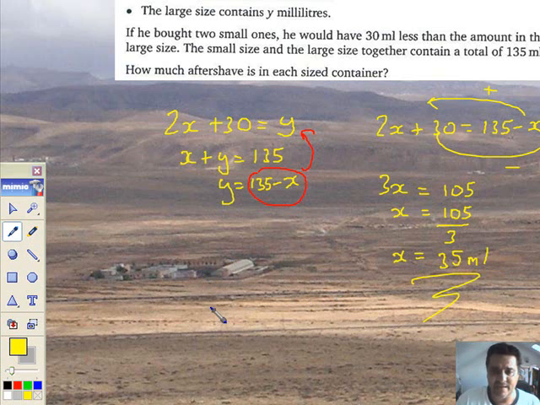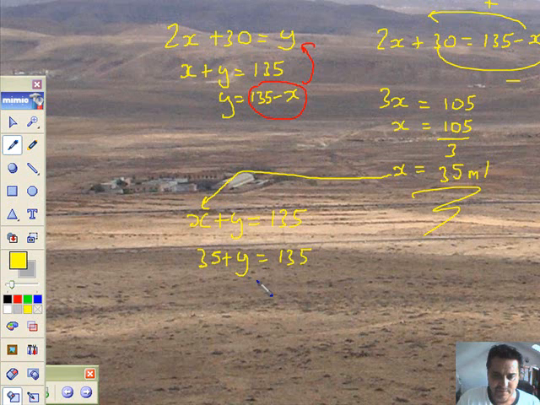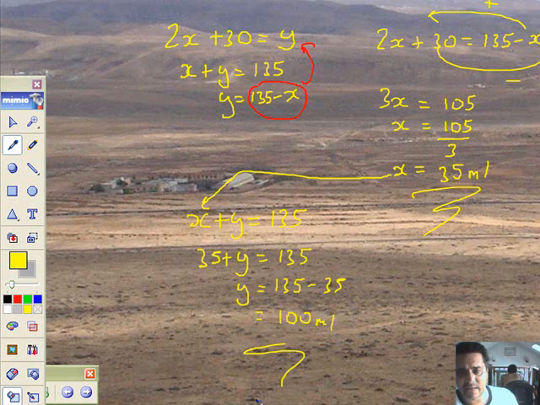Well, that's even easier because I know that X plus Y is 135 and I know X is 35, so let's just put it in there. So 35 plus large bottle equals 135, so therefore large bottle is going to be 135 take away the 35, and altogether we're going to have a 100 millilitre bottle of the finest perfume. So there it is. Little bottle 35, big bottle 100 millilitres.